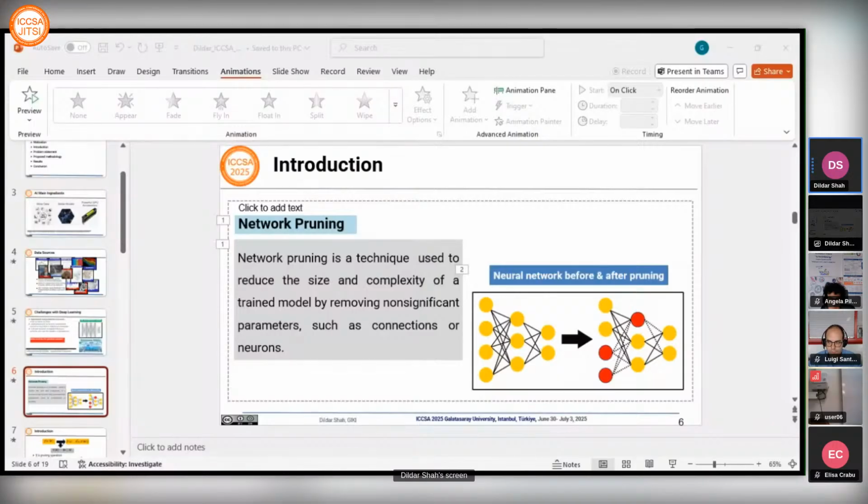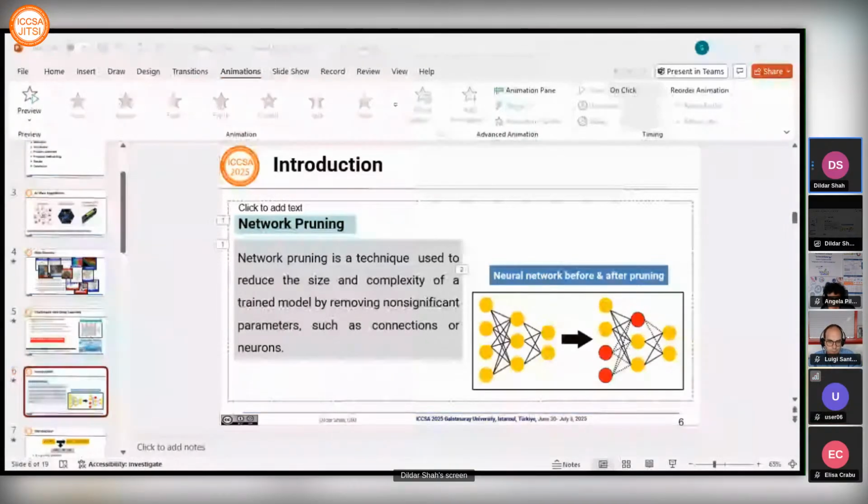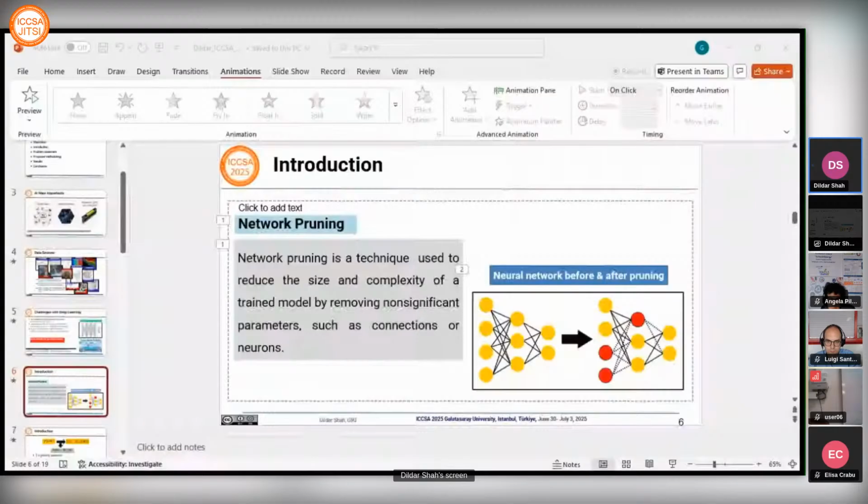The experimental results on CIFAR 10, CIFAR 100, and Tiny ImageNet show that we reduce the training time significantly with very negligible or minimal accuracy degradation. These are some references which show the idea of pruning from the earliest approaches to recent advances, like the 2019 work by Frankle and Carbin.